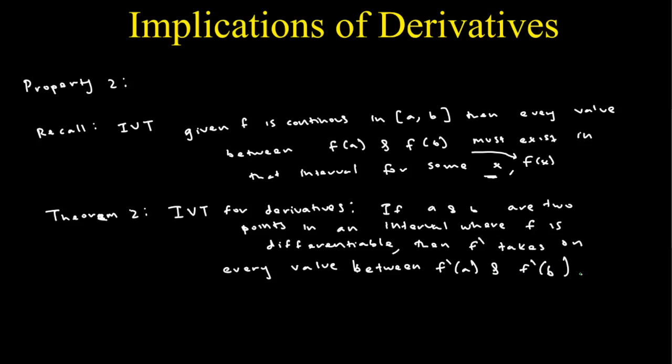So I'm not going to give you the proof of this because I think it's a bit out of scope for just a beginning calculus class, but if we know f prime of a, and we know f prime of b, and we know that a and b are in that interval where f is differentiable, which we know because differentiability implies continuity, it's also continuous in that interval, we can know that f prime will take on every value between f prime of a and f prime of b.